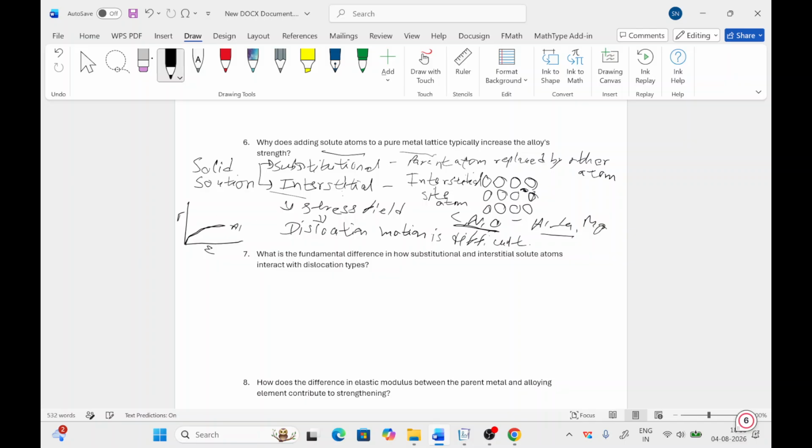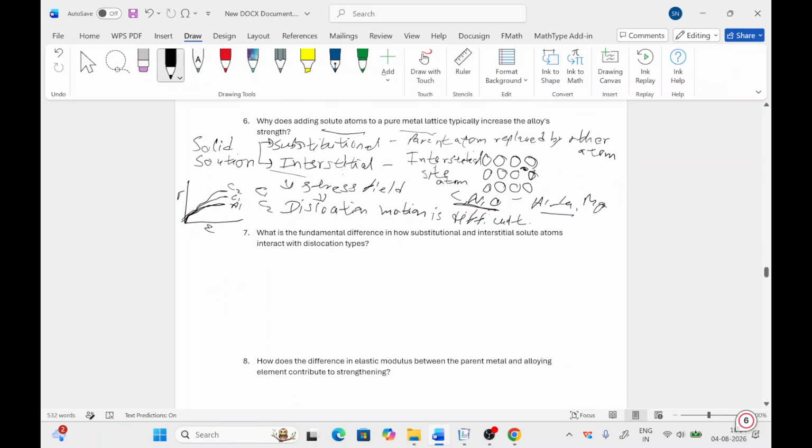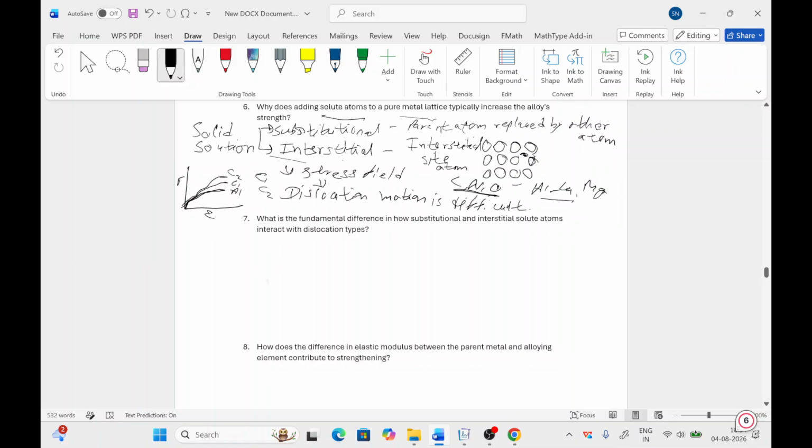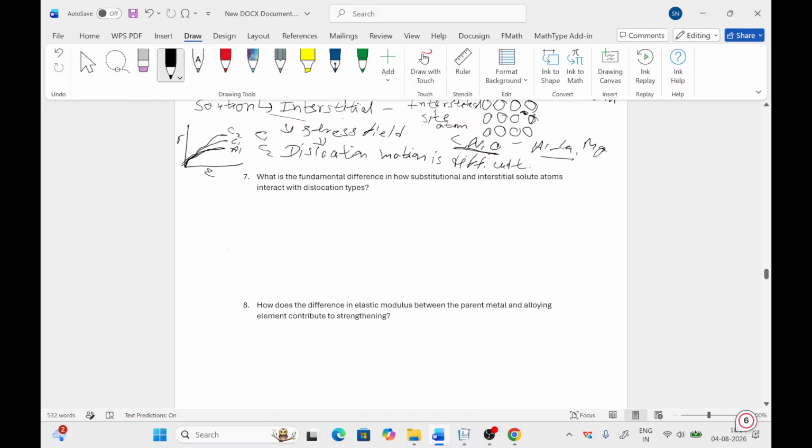If we add C1 concentration, the strength will go up, and if we increase this concentration to C2, then the strength will increase more. So this is for C1 and this is for C2. Okay. You can ask if you have any doubt, or we can proceed to the next question.